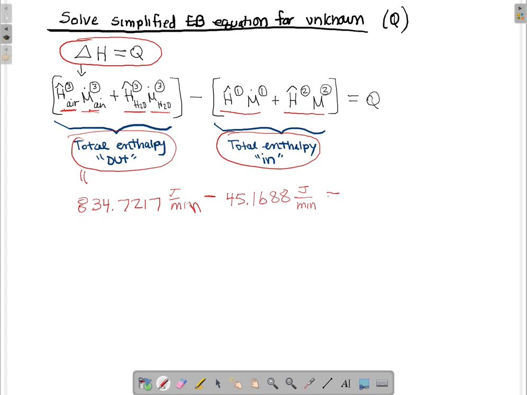All of that is going to equal the heat transferred to the system, which is the air, and that heat is coming from our body. So that's ultimately how much energy we lose due to heat transfer to the air that we're breathing in. That was the point of this problem, to figure out how much energy we lose by heat transfer due to breathing.